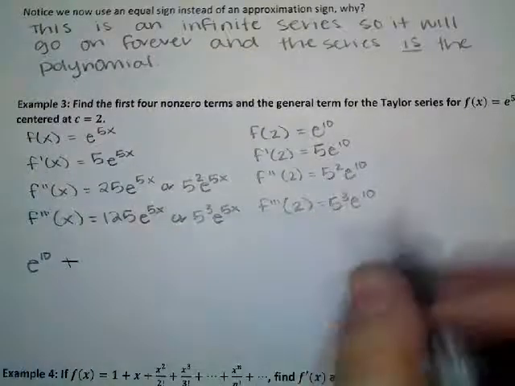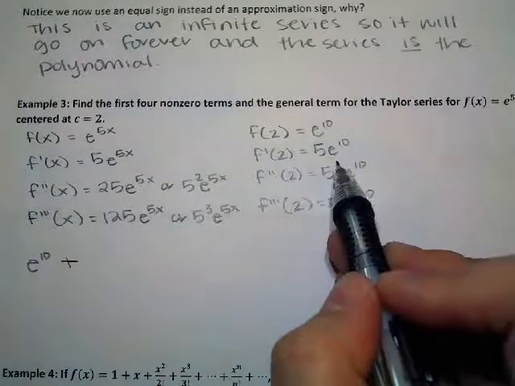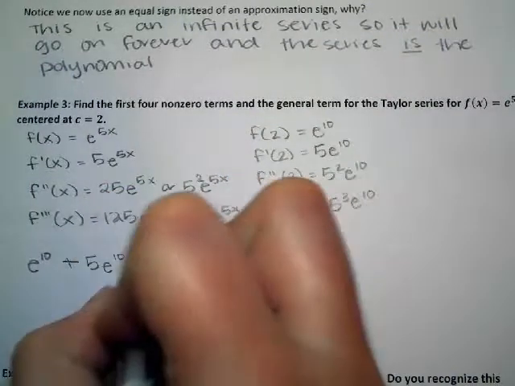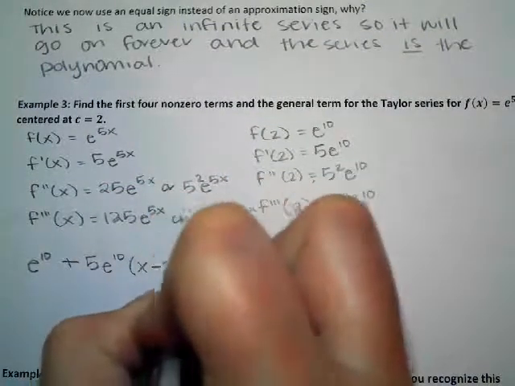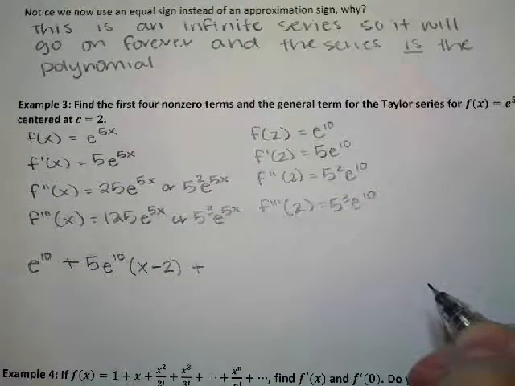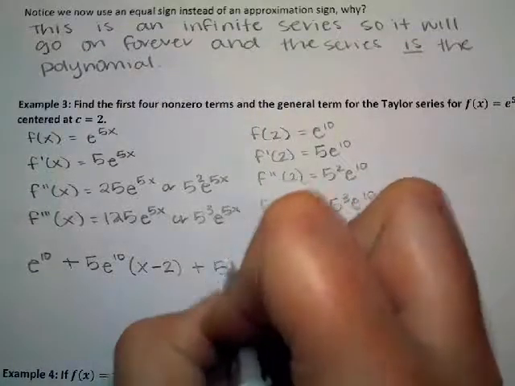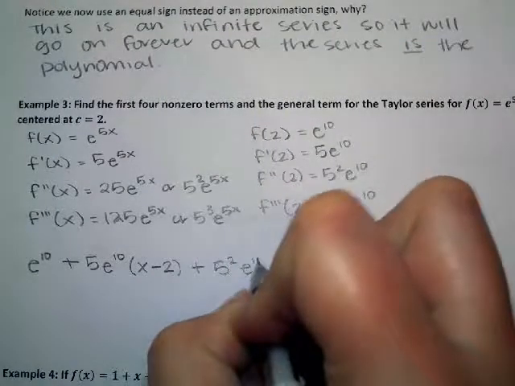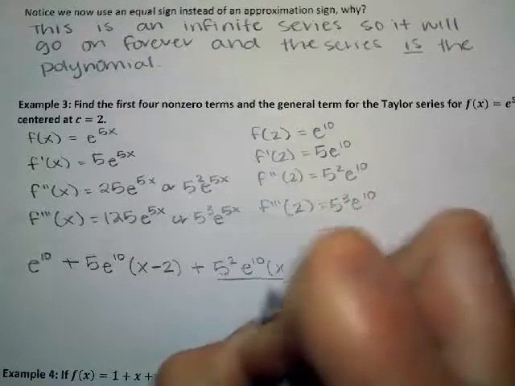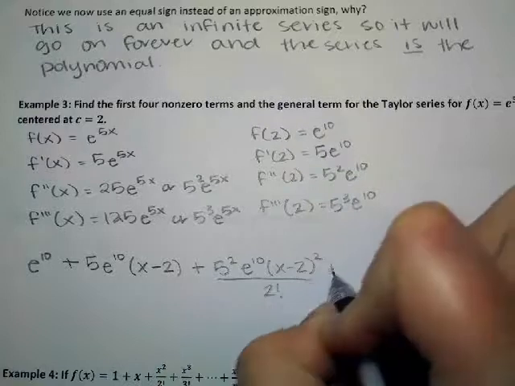We've got our coefficient, right? 5e to the 10, and then x minus 2. How do we write our third term? Okay. Yeah, 2 factorial or 2, it doesn't matter, both are the same.